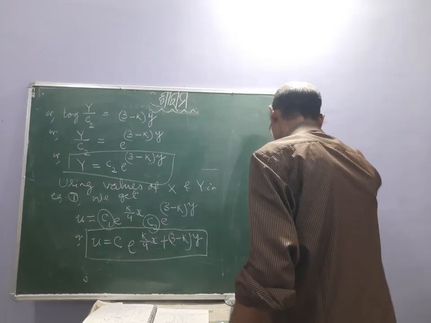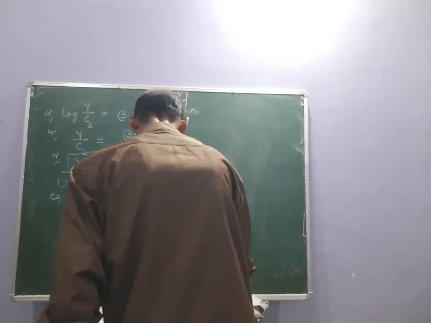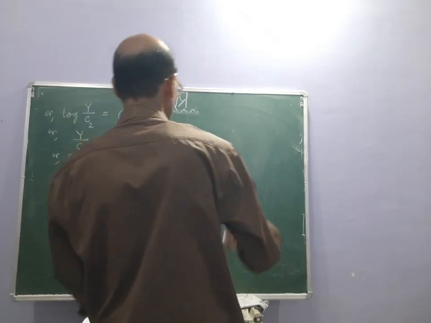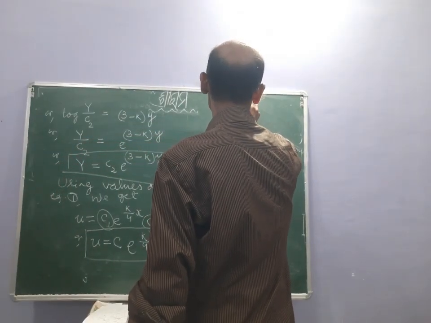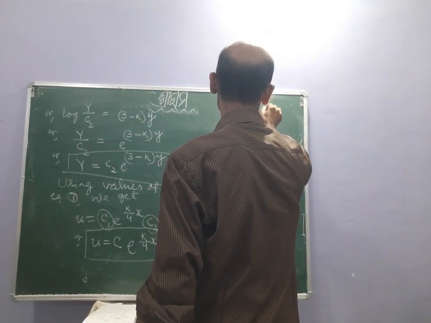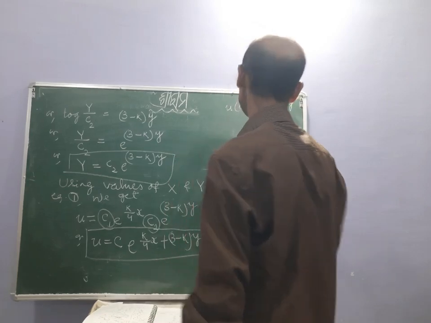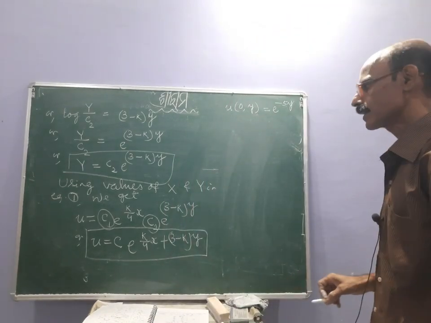What is the condition? We are given the condition that u(0,y) is equal to exponential minus 5y. We are given this condition.